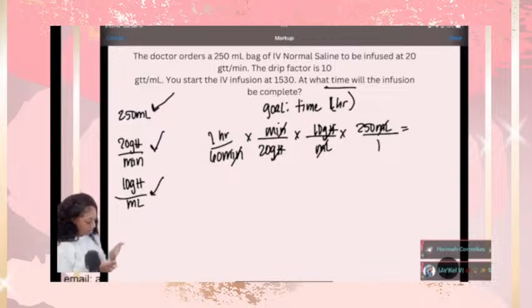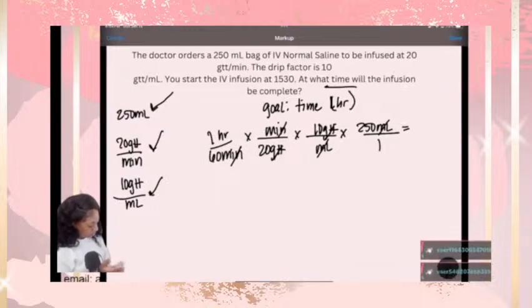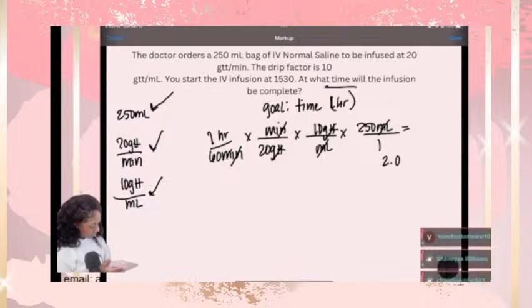So now we'll do our calculator trick that Nurse C taught you. We will get 10 times 250 divided by 60 divided by 20. That is 2.08 hours.